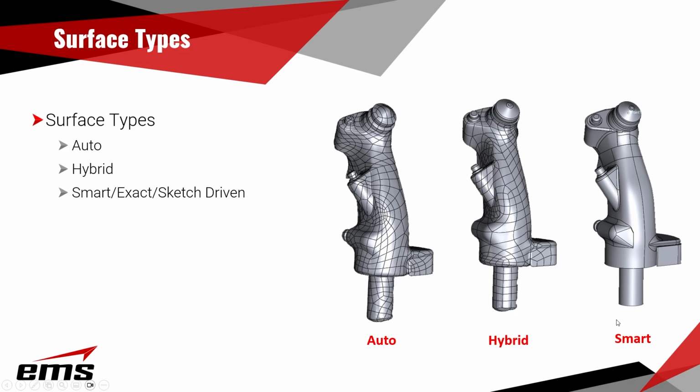And then finally, you can obviously see a big difference with what I'm calling the smart or exact surface, because this has been done completely differently, and it's all driven off of sketches and features and things like that. Okay, so next we'll go in interactively. We'll look at this model and we'll talk about the differences between the three and why you may want auto versus hybrid versus smart.